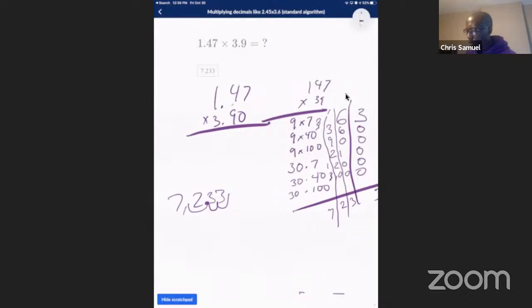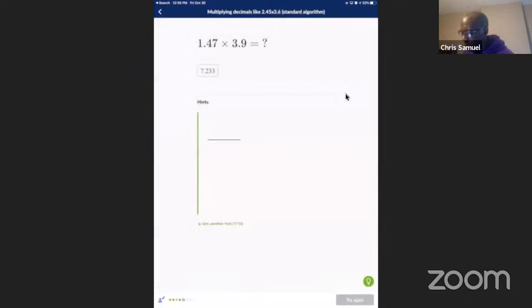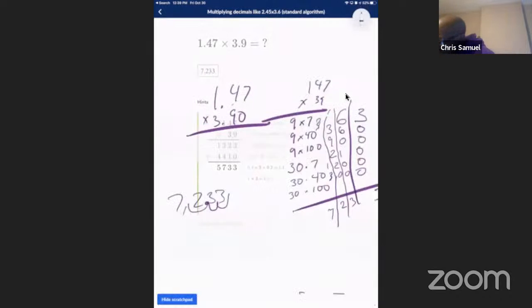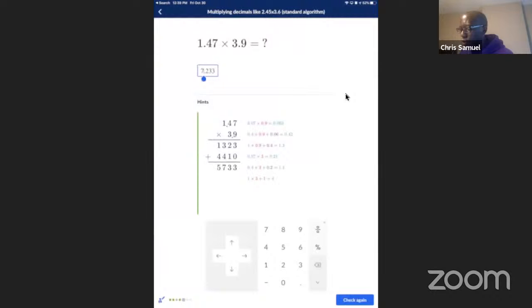So now what did I do? Let's check it out. 5.733. Oh, I think I added it in the wrong spot. Yeah, that was close. I should have actually noticed that that was too much. That was too high.